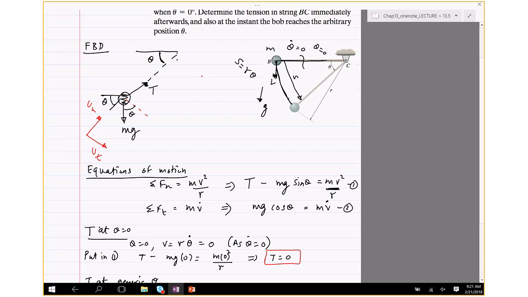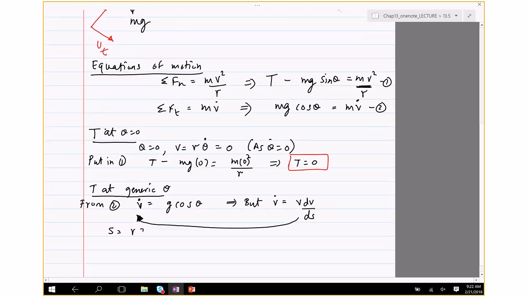For example, if you sweep 2 pi, then what you get is the circumference, 2 pi r. That makes sense. So it's r theta. So s equals r theta. So ds equals, I need to take the derivative.